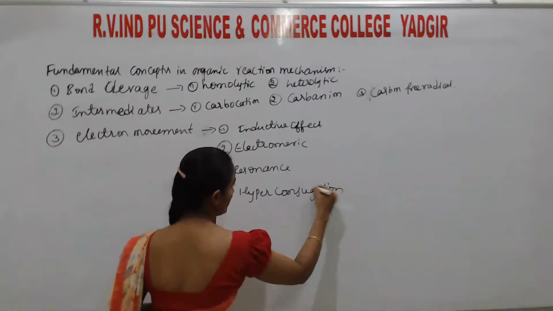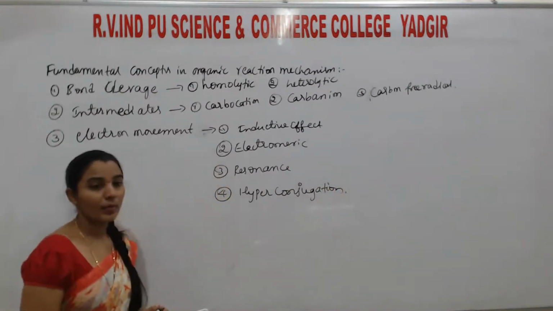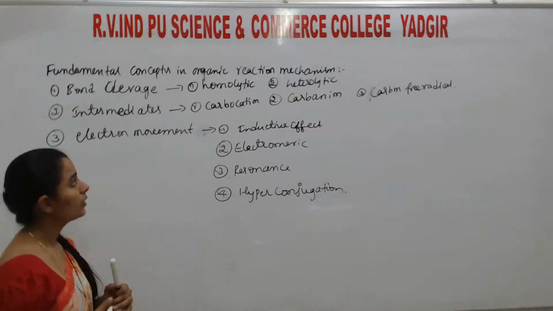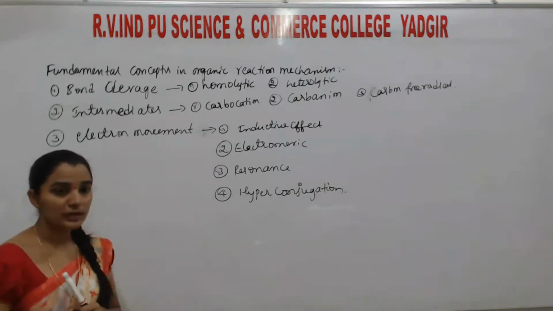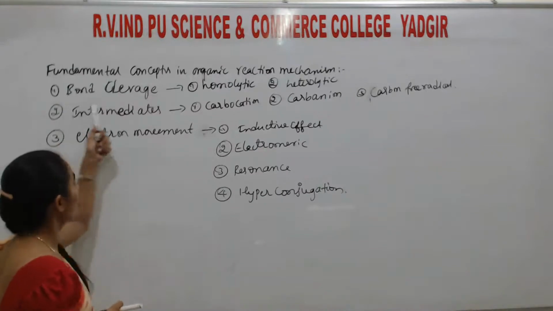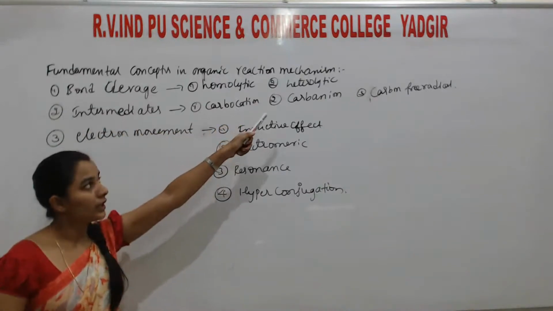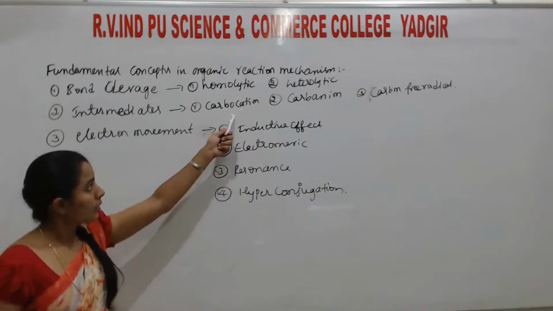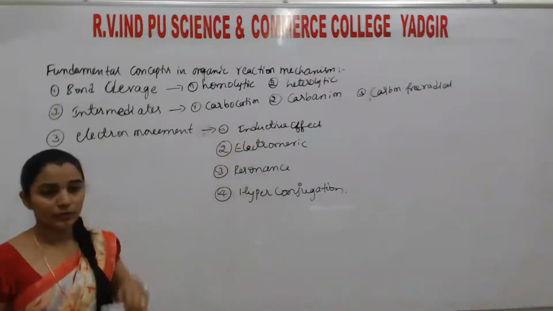These are the effects which explain the displacement of electrons from one atom to another atom. So we will discuss one by one. That is bond cleavage, homolytic and heterolytic. Later I will explain carbanion, carbocation and carbon free radical.